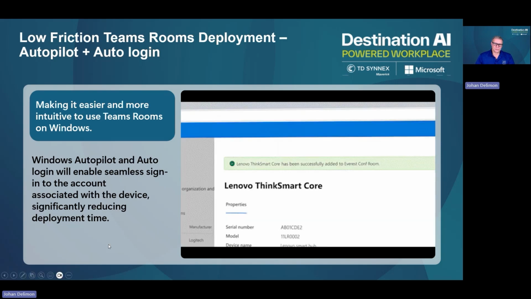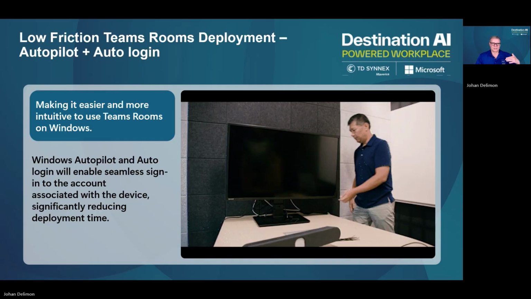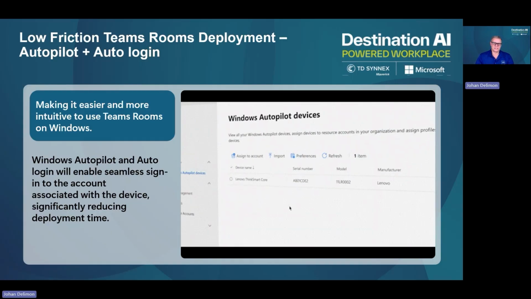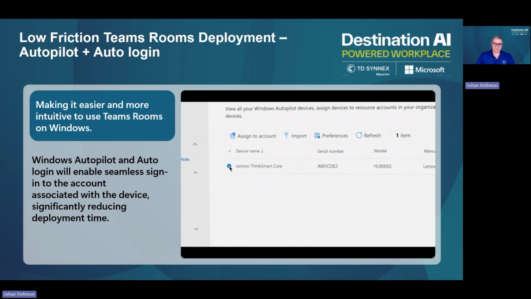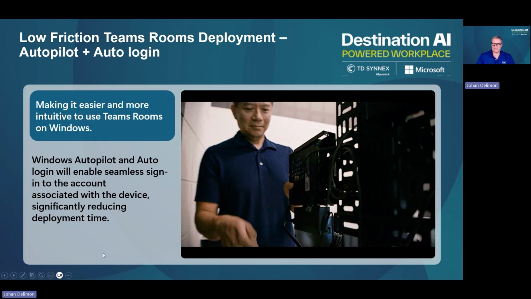So very easy to set up a device, and then all the updates will be installed, all the configuration will be done, the Teams Rooms application will be deployed, and all of the configuration for the Teams meeting app will be done.